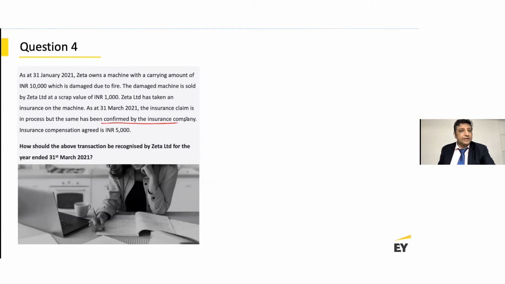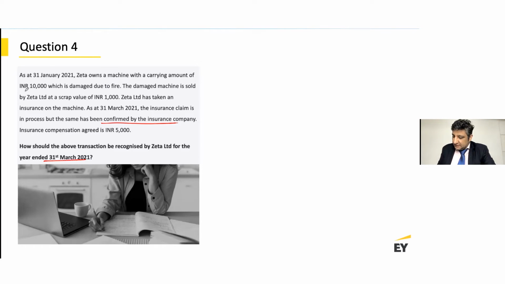All right, and the insurance compensation agreed is 5,000 rupees. The question's requirement is, how should the above transaction be recognized by Zeta for the year ended 31st of March 2021? Right? Very clearly, there are two aspects within this question.